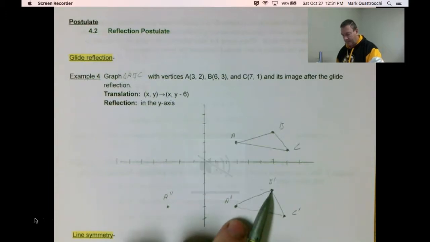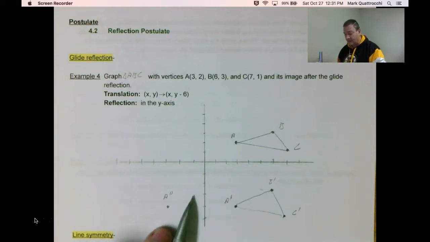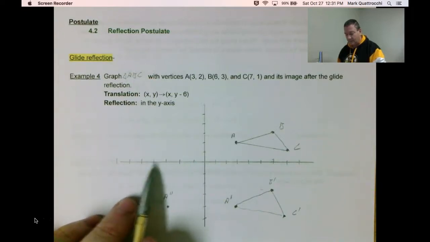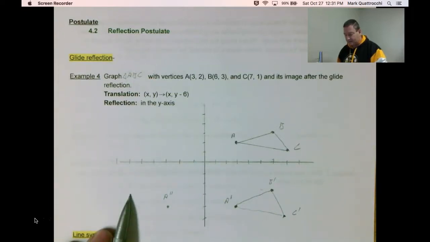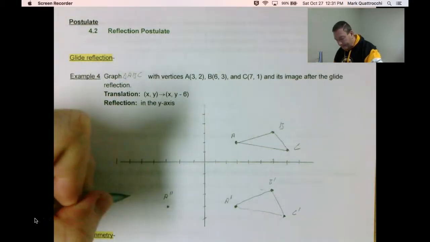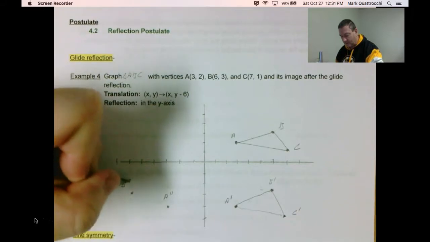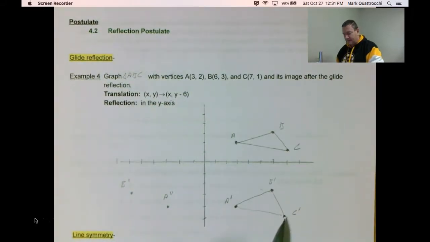B prime is 6 units away. So B double prime is going to be here. And let's see, 1, 2, 3, 4, 5, 6. There's B double prime. C prime is 7 units away.